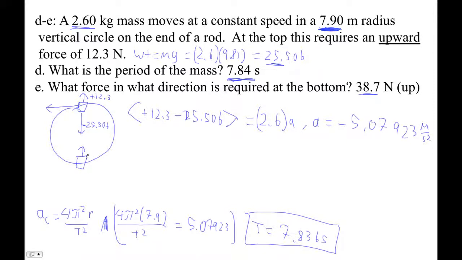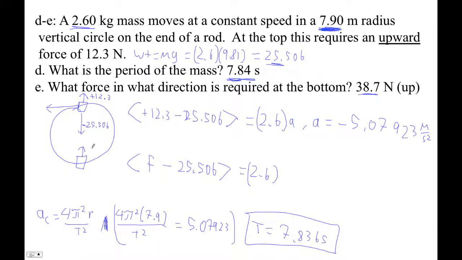At the bottom, we're going to be accelerating up at this rate. Gravity will still be down. So we've got some unknown force minus gravity, 25.506, and the acceleration is 2.6 times.